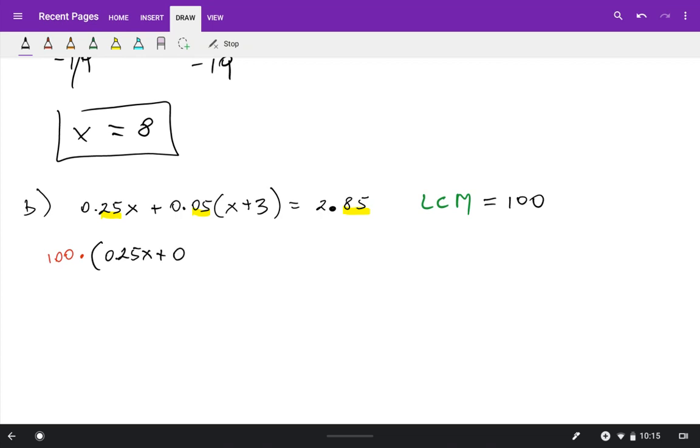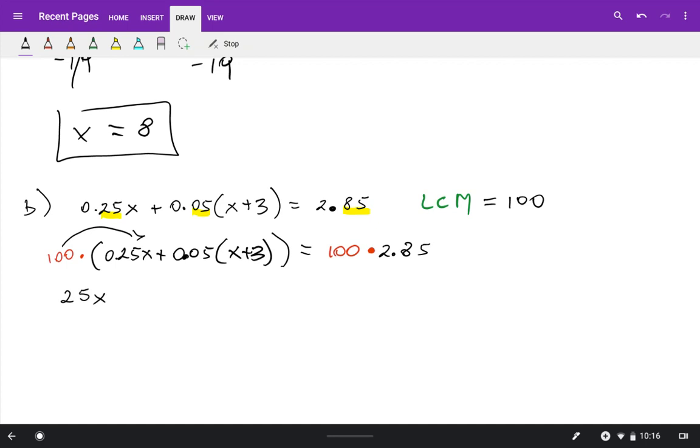0.25x plus 0.05 parentheses x plus 3, attach extra parentheses, equals the LCM, which is 100, times the right side of the equation, which is 2.85. So again, for my multiplication, I really like to use the dot, because many times we're using x and I don't want to confuse anybody. Okay, let's distribute. So we have 100 times 0.25, that will give you 25x.